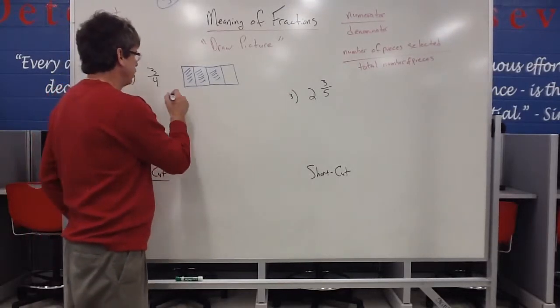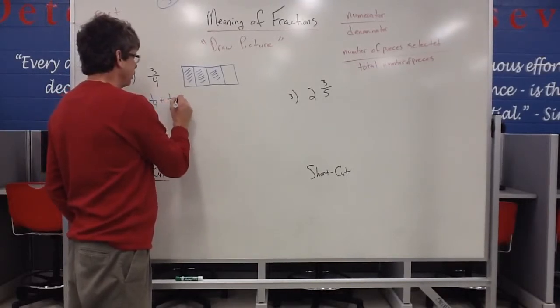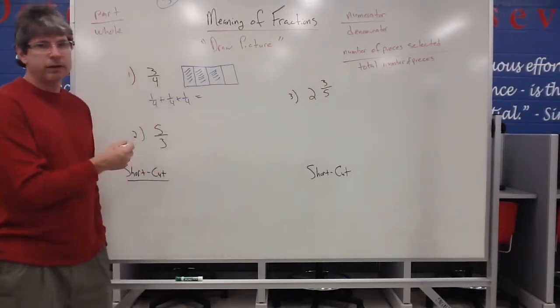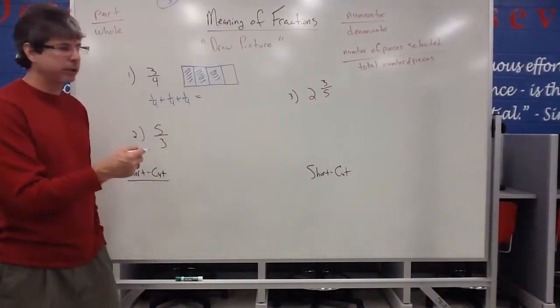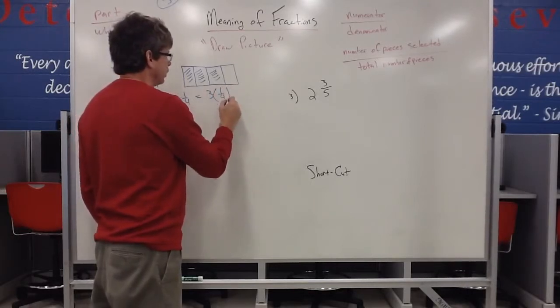Another way to look at this is 1/4 plus 1/4 plus 1/4. And we've also learned that repeated addition is the same thing as multiplication. So I could say it's also 3 times 1/4.